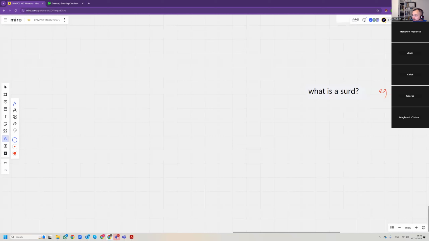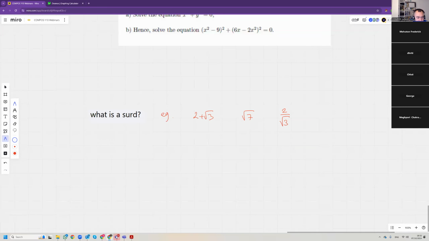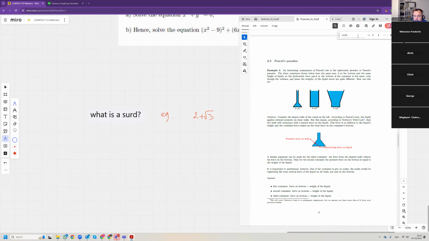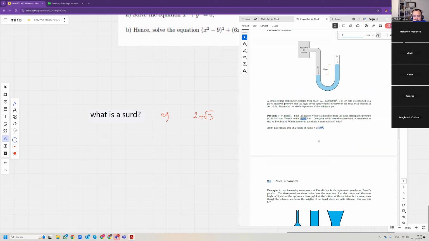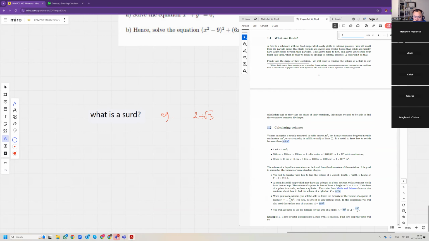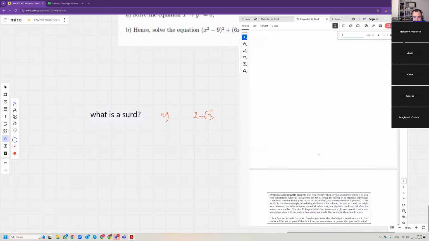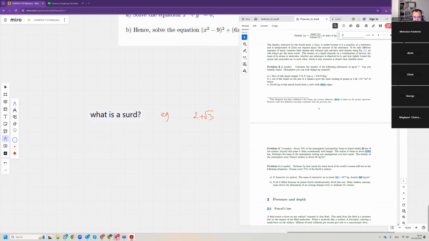For problem 2 on the physics, do we have to state which liquid metal it is? Let's see. Physics problem 2. Calculate the density.